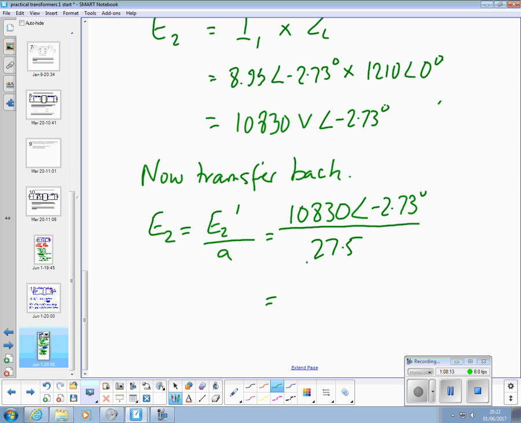Check it please, but I make it 394 volts, angle minus 2.7 degrees. So the transformer itself doesn't create a huge power factor issue, 2.7 degrees, but we've got a loss there of 6 volts.